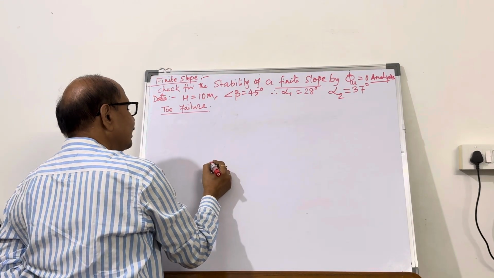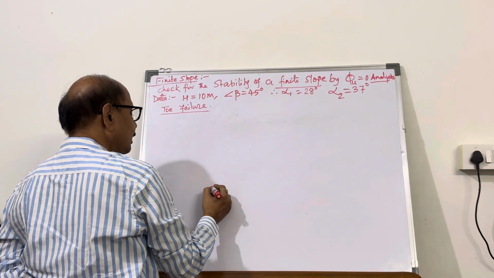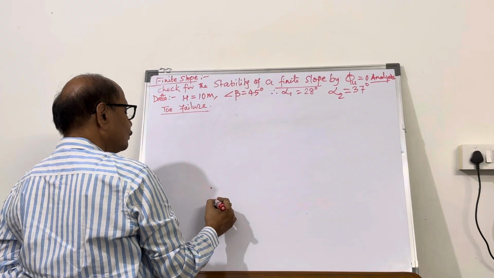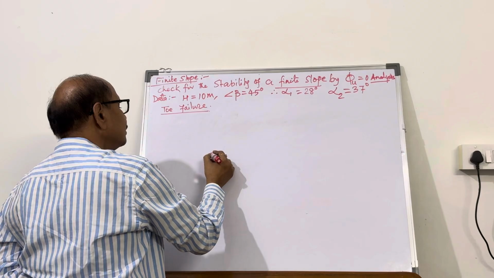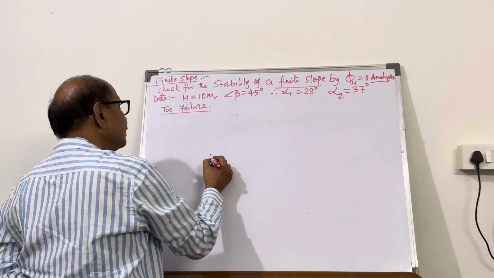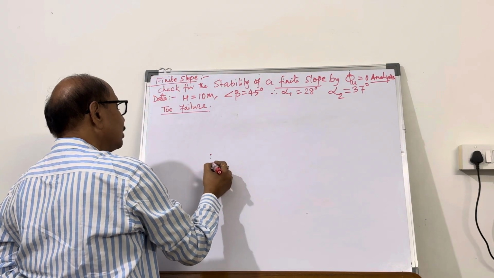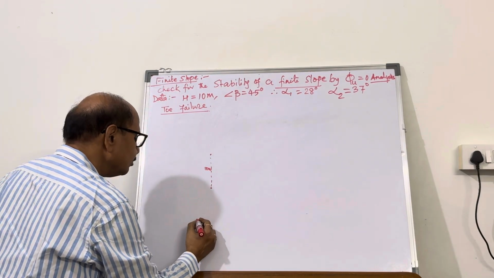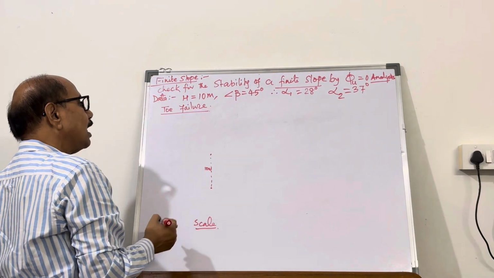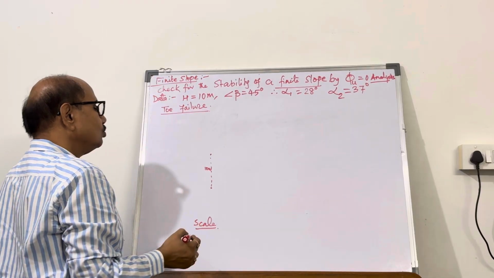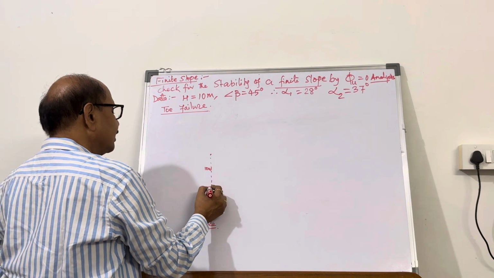Naturally, we can take on a paper a point, and as you know, the height is 10 meter. So to a certain suitable scale, this height of 10 meter you can plot on a piece of paper. Now the slope angle is 45 degree.